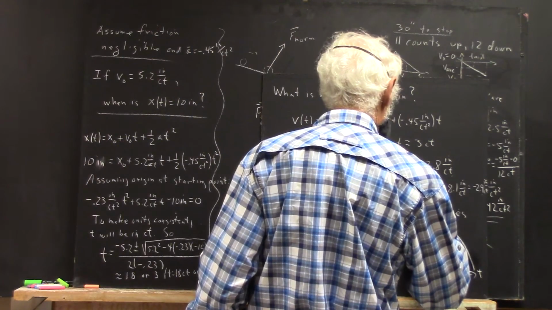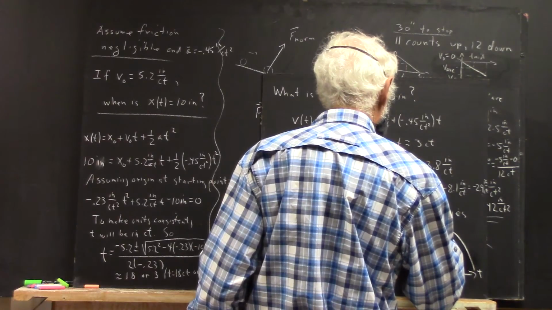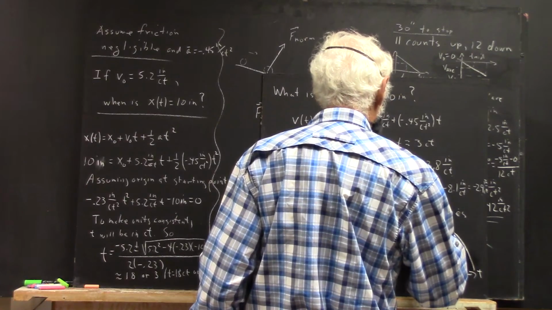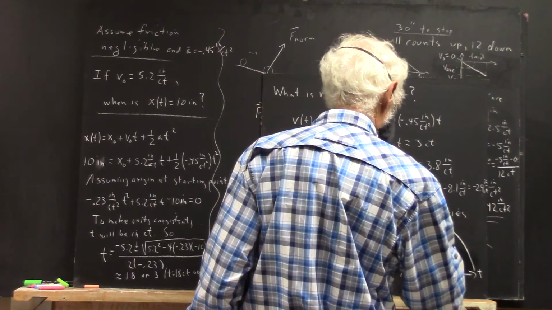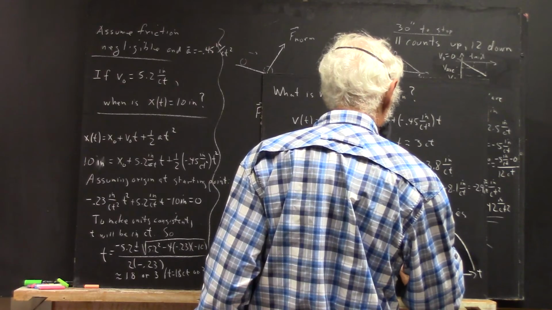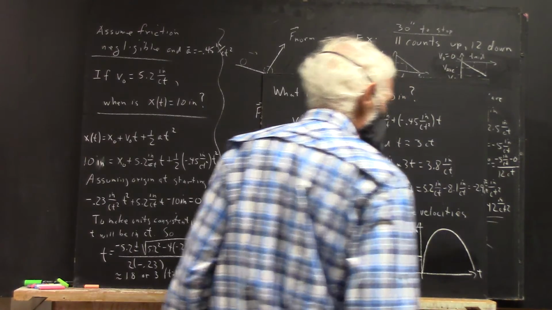Okay. Now what we're looking for is when x equals 10 counts, right? So up here is 10 inches, not counts. 30 inches. So 10 inches is going to be down about here. Right?